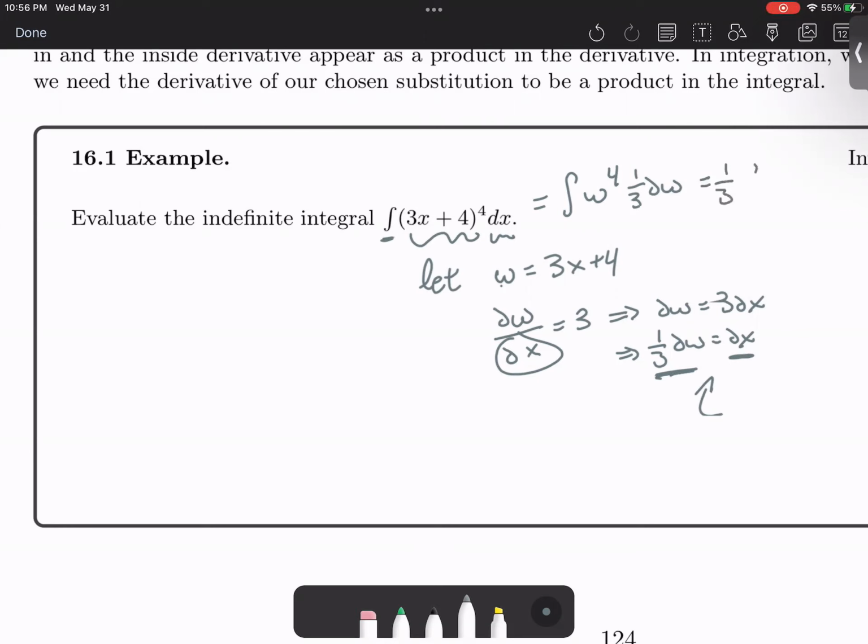That 1/3 is a constant. It can be pulled out of the integral. What's the integral of w to the 4 with respect to w? That's just your power rule. Right, this will be 1/5 w to the 5th, plus c because I don't have limits on my integration. This is the indefinite integral.